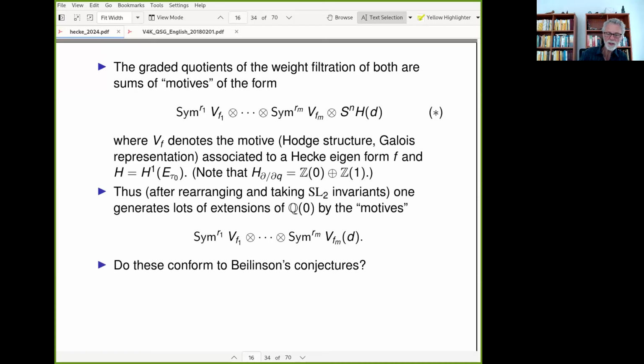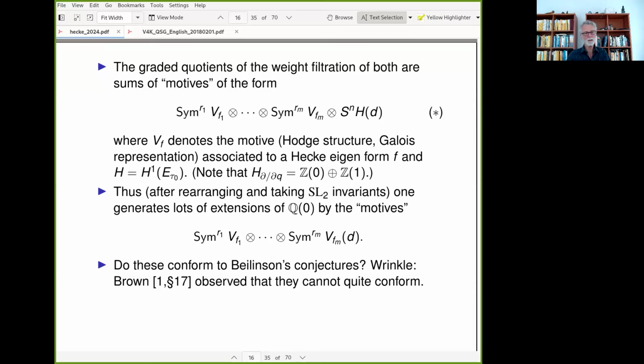So the question is, do these conform to Beilinson's conjectures? There is a wrinkle here. Before I tell you about the wrinkle, part of Brown's motivation was to try to generalize his theorem about P1 minus 0, 1, and infinity in the Tate case to the modular case.